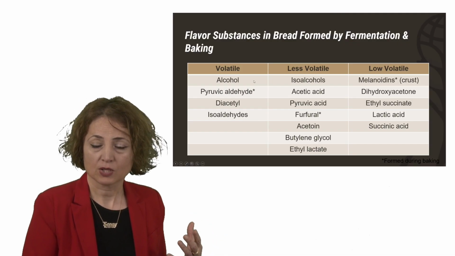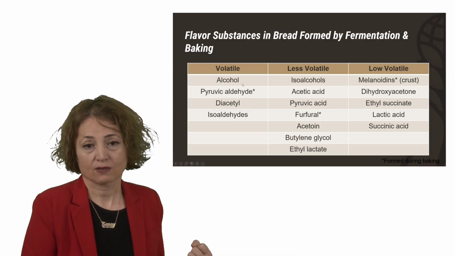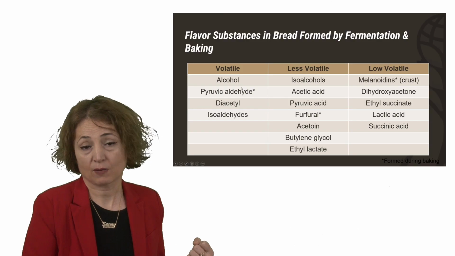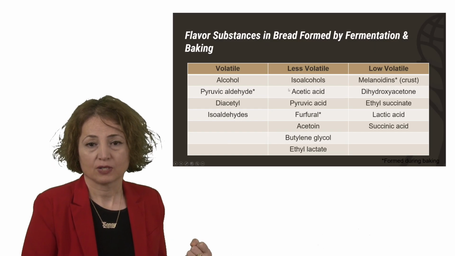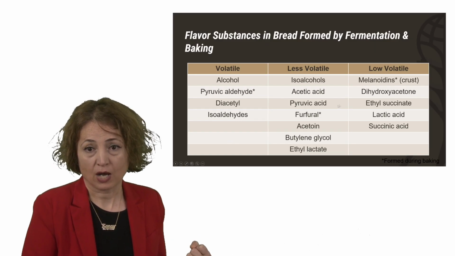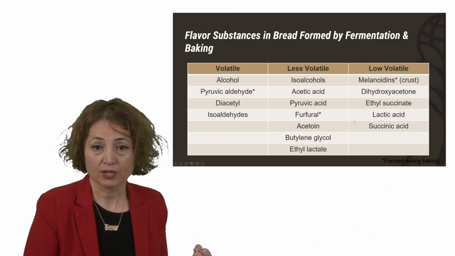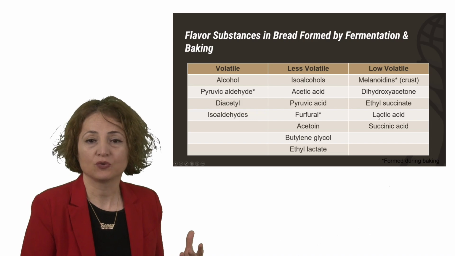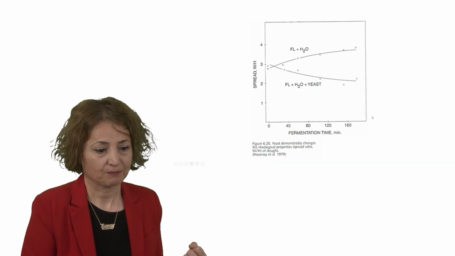Some of them are more volatile than others. The more volatile flavor compounds are some alcohols, pyruvic aldehyde, diacetyl, and isoaldehydes. And then we also have less volatile compounds and even low volatile compounds in combination. That's why we have the unique fermentation flavor in bread formulations.